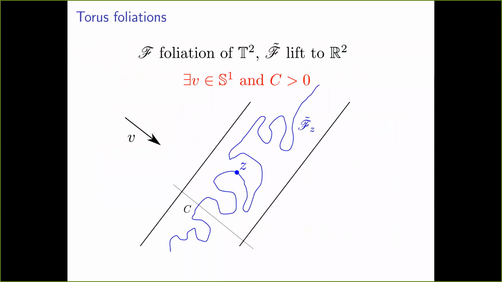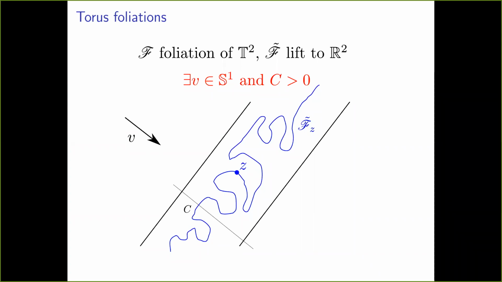Well, if you consider a foliation on T2, there are only two classes of foliations on T2, I mean, without singularities: those foliations containing a Reeb component and those foliations which are suspensions of circle homeomorphisms.